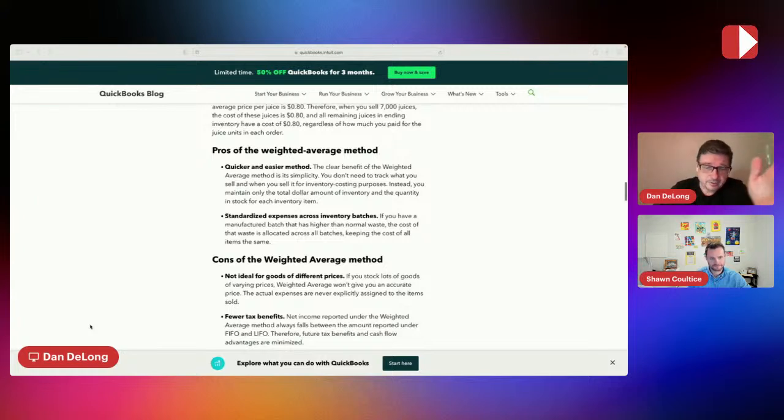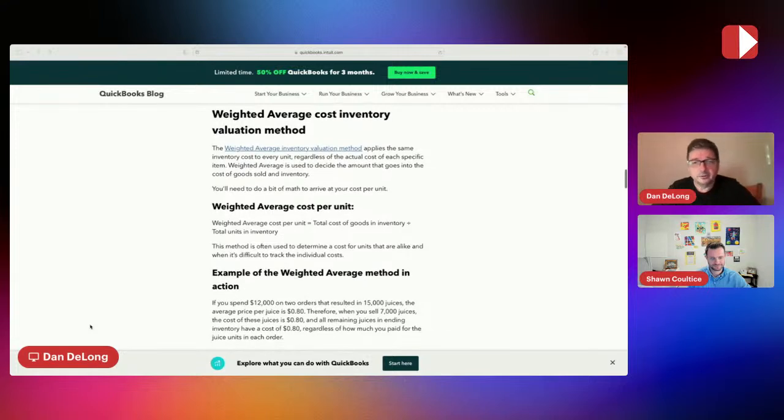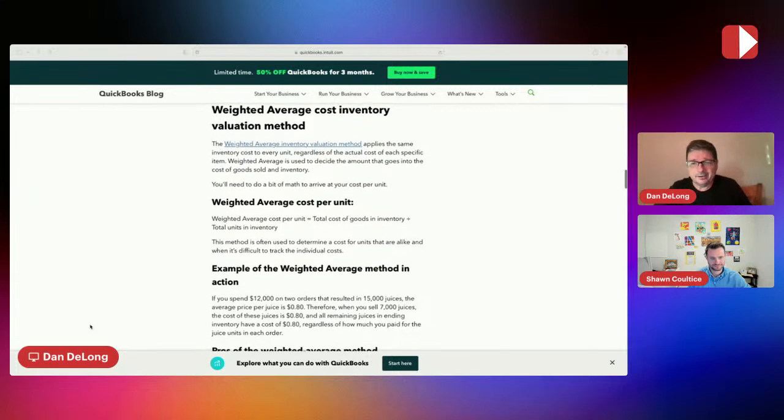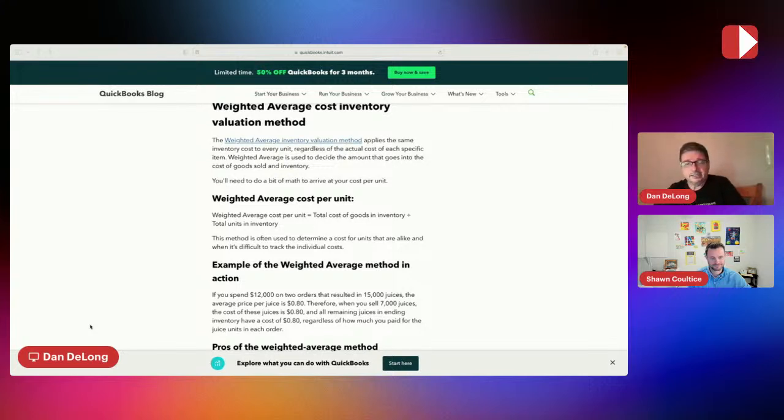Now, QuickBooks Online, if you're using QuickBooks Online as your inventory management solution, which we've talked about ad nauseum, that's only going to be like the reseller type of situation where I buy stuff and I sell that very same stuff. It will only use first in, first out. So you only have that option with QuickBooks Online, which then leads to, well, if I'm transitioning from Desktop Pro, which was weighted average, to QuickBooks Online, which is now FIFO, I've got to tell somebody about that, and that's typically the government, right?